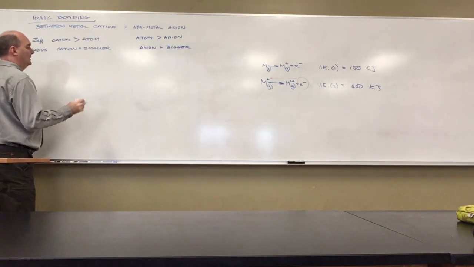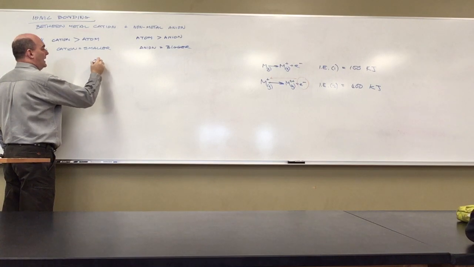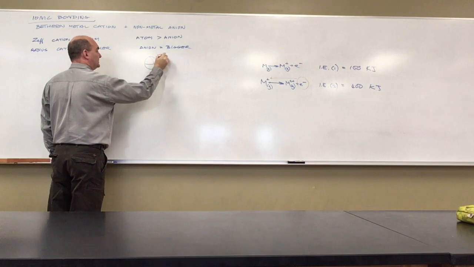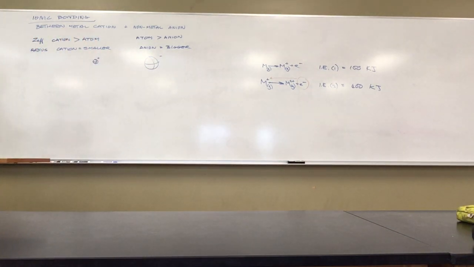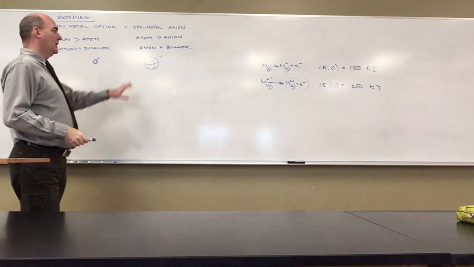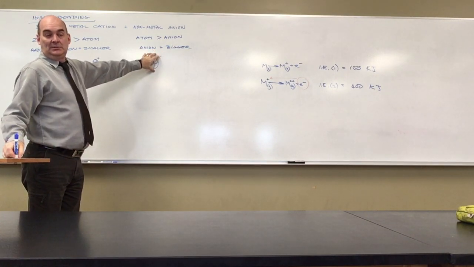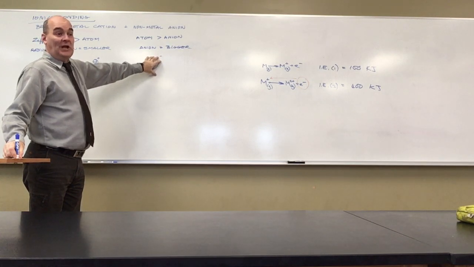So today we're going to see little cations interacting with big anions. And when you've got little things and big things sharing the same neighborhood, this is the one that's going to dominate what the shape is. So the shape of ionic solids is determined by the anion.